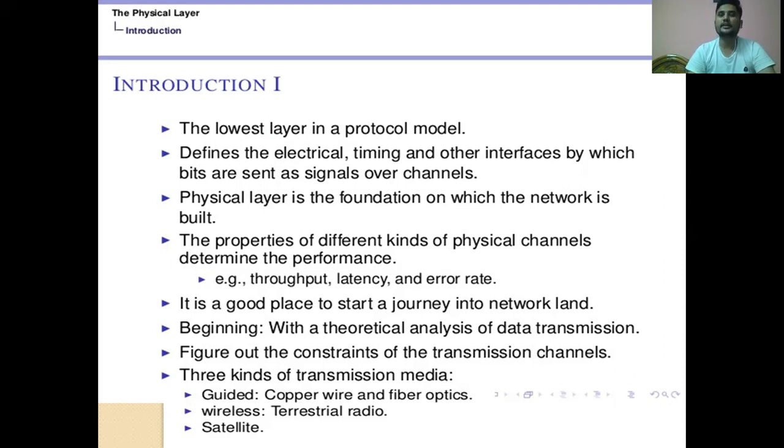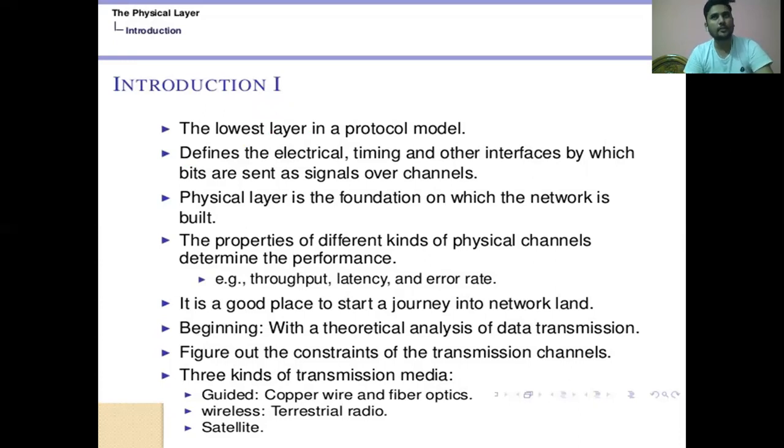It defines the electrical, timing, and other interfaces by which bits are sent as signals over channels. Multiple channels are used for data transmission, and these channels transmit data in the form of signals. How does data have to be transmitted? For example, I want to transmit one particular message to my friend.